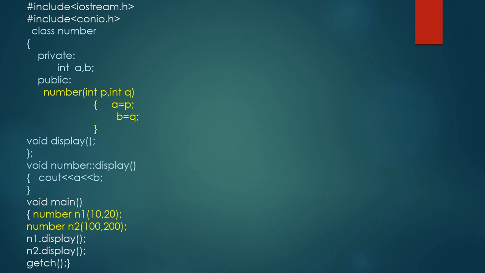We can consider one example program for invoking parameterized constructor with implicit call. Hash include the header files, then here we are defining one class Number. So the constructor name also should be Number, meaning class name and constructor name should be the same.